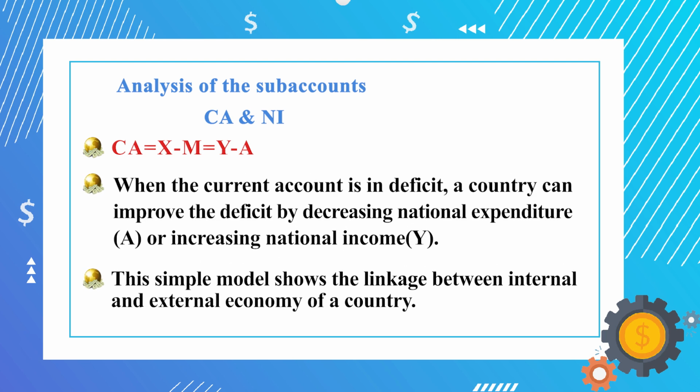Also, the meaning can be explained as: when the current account is in deficit, a country can improve the deficit by decreasing domestic expenditure or increasing national income. This simple model shows the linkage between internal and external economy of a country.